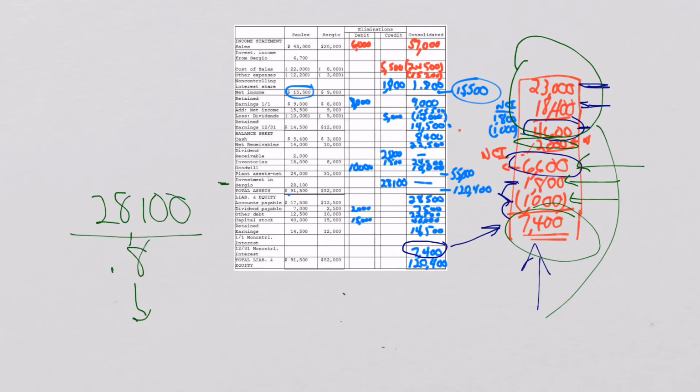In this case, that number would be 28,100 divided by 0.8. That gets you 35,125.